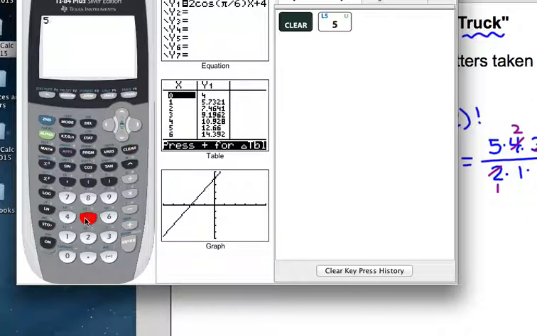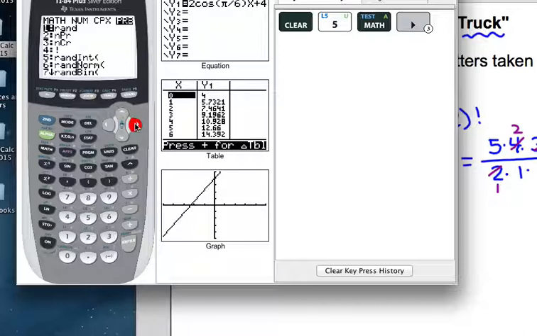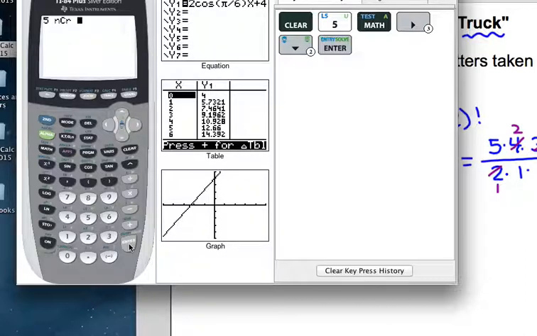Now we go to our math button on the left-hand side. We arrow over to PRB in the top right. Then we go down to number 3, because we're choosing a combination formula. Then, remember, we're choosing 2 letters to make our group, and push enter. And we get 10 possible choices.